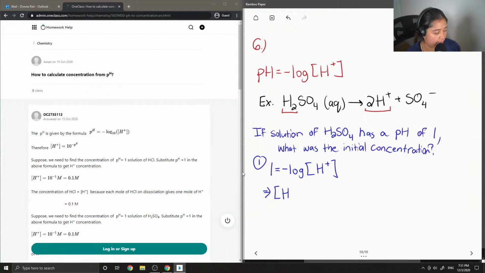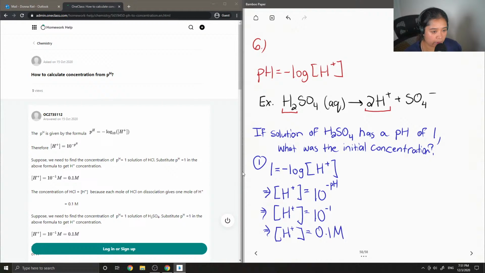So in order to get rid of the log, we are going to do 10 to the power of negative pH. Okay, so if we plug this in as 1, then we get an H plus concentration of 0.1 molar.